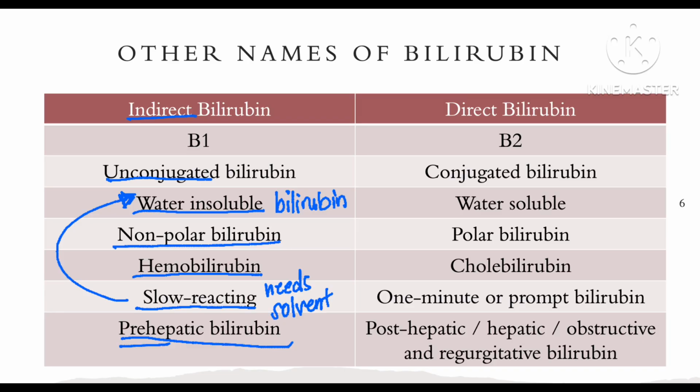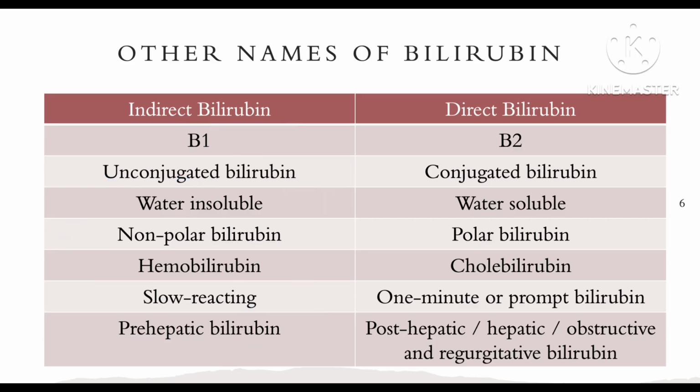So there are actually reasons why their names are like this. And very lastly, I forgot to mention that indirect or unconjugated bilirubin is also called B1, the bilirubin that is the first produced after hemoglobin degradation.